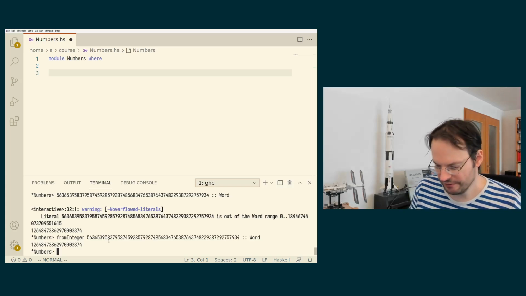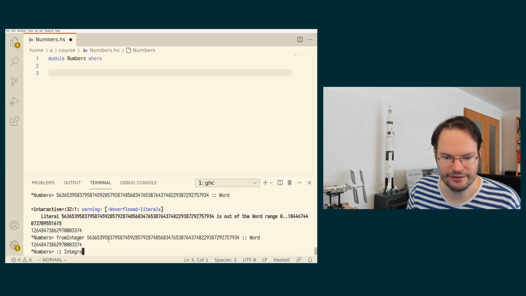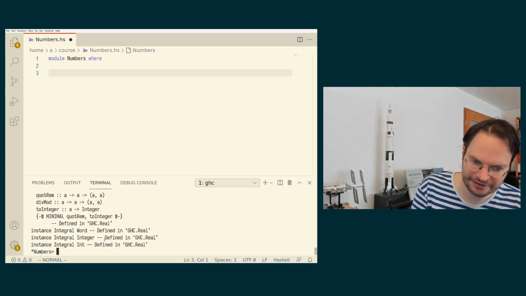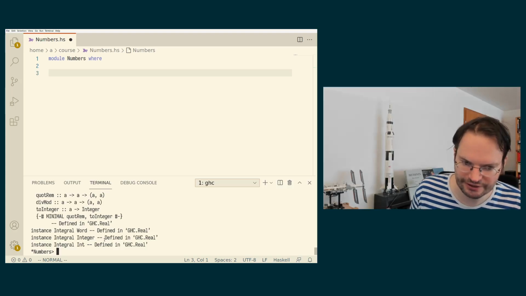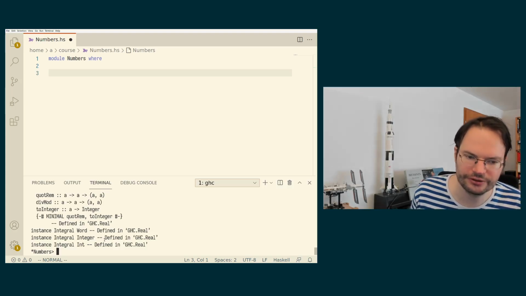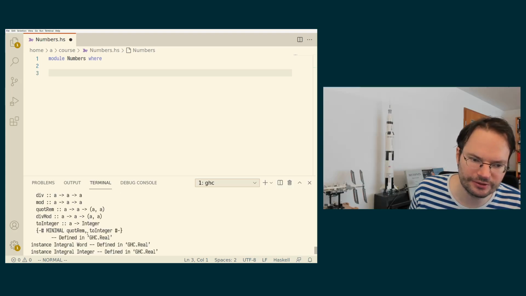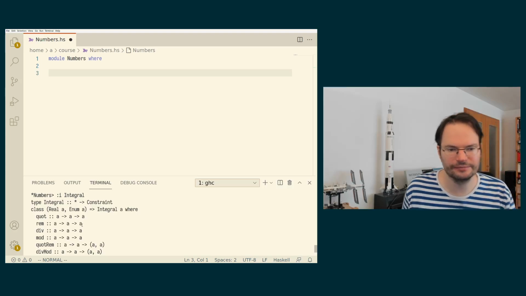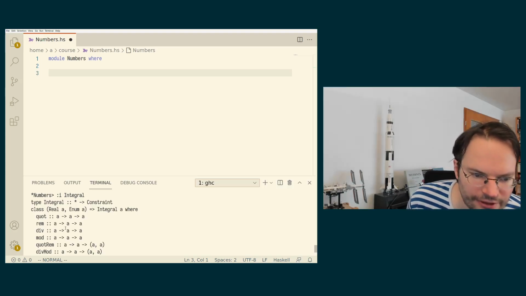Now let's look at the Integral class next. The Integral class is for types that are integral, such as Int, Integer and Word. And all of these support similar operations, and there are a couple of operations that are being listed here.